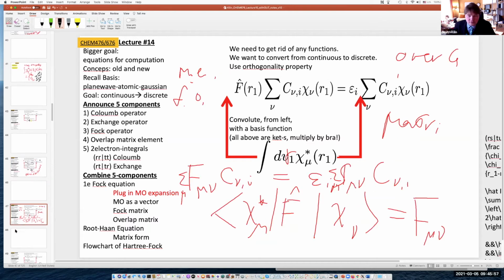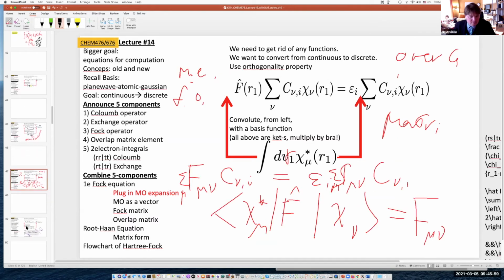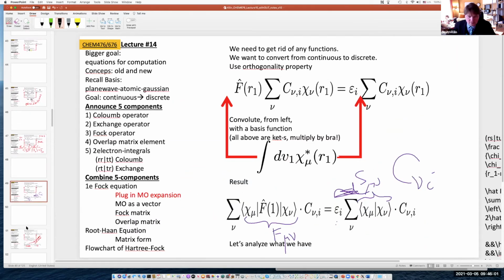And here is the equation that is just typed a little bit better, but it is the same thing that we just considered a minute ago. So matrix element of Fock operator in basis of atomic orbitals and overlap matrix element.